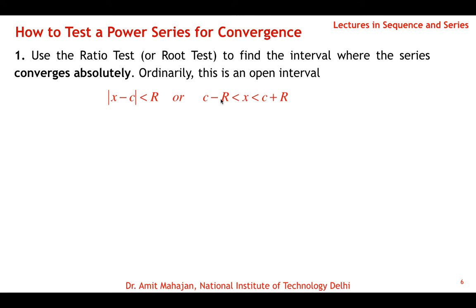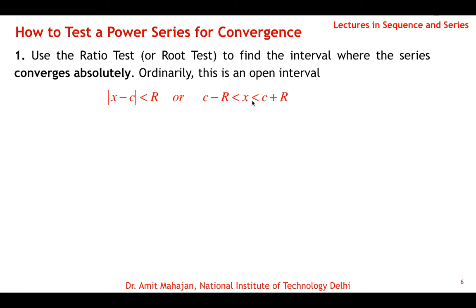Ordinarily this is an open interval: the absolute value of x minus c is less than r, or this can be written as an interval where x lies between c minus r to c plus r. Because if you found this as an infinite interval, then there is no need to calculate anything on the boundary.